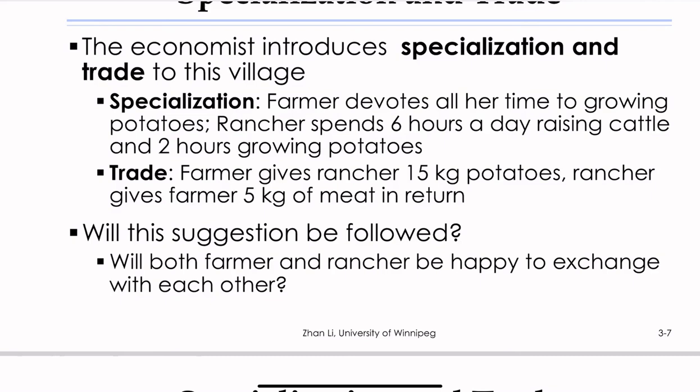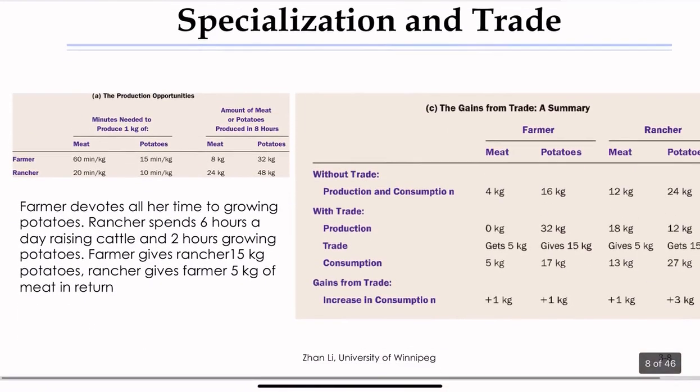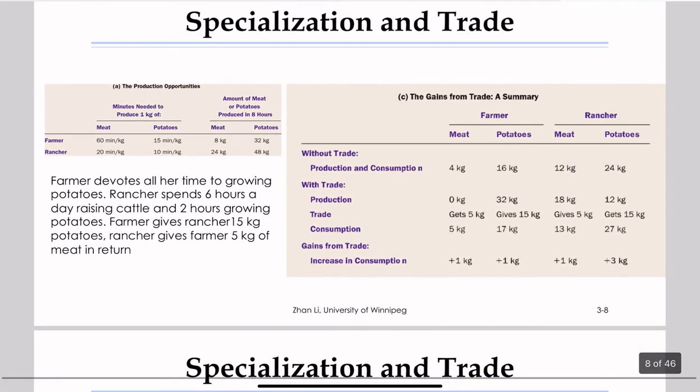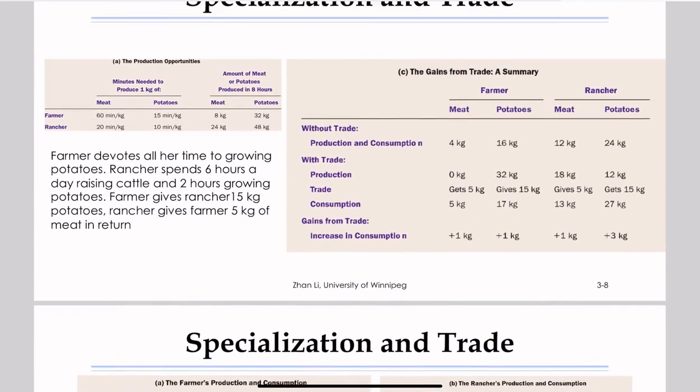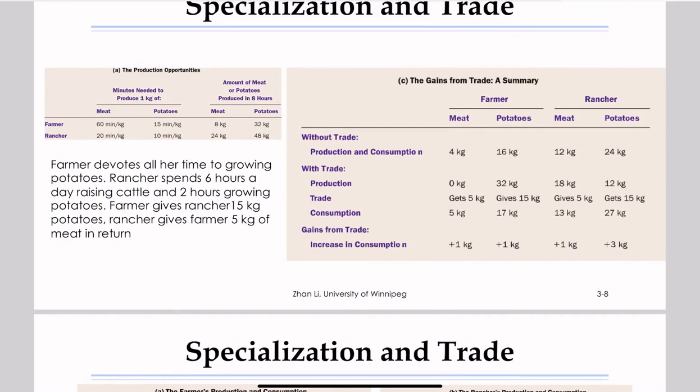That is, will this suggestion be followed by the farmer and rancher? Let's see the numbers here. The focus here would be the table on this right hand side, table C. Now, let's look at the first row. The first row is the case of production and consumption without trade.